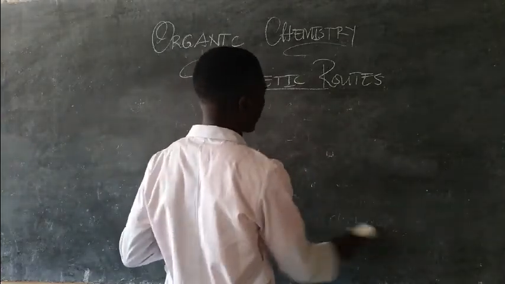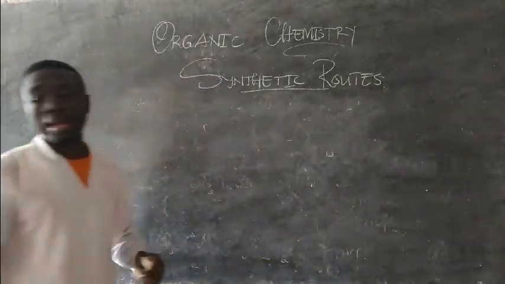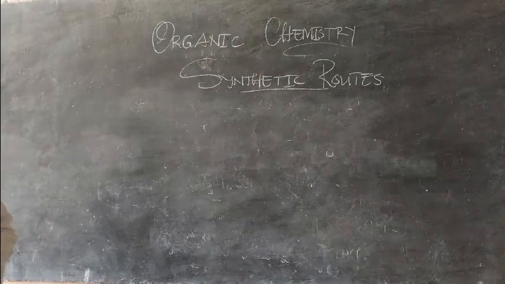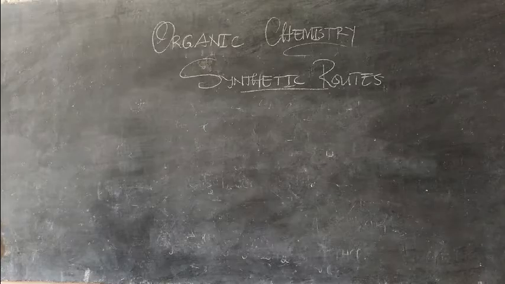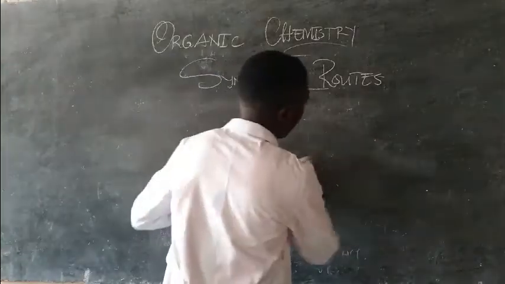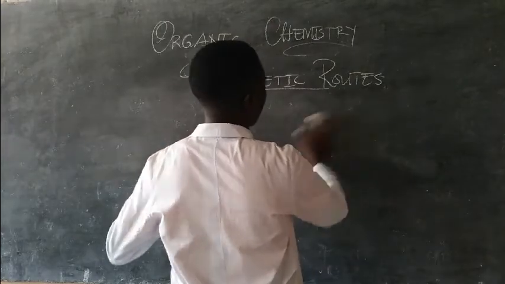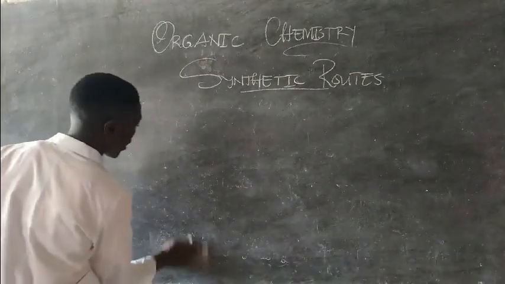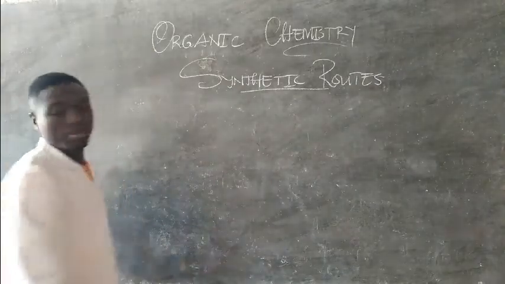Now, conversion of ethanol to methanol is a step down reaction. Just like if you want to convert from propanol to ethanol, it is a step down reaction. So you pay keen attention again, and then you get it.